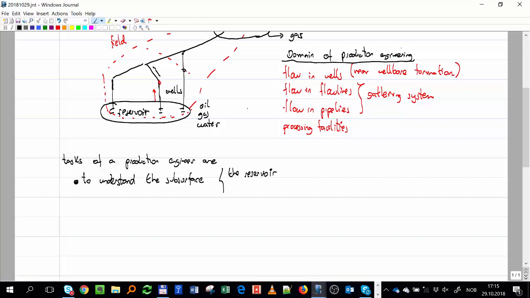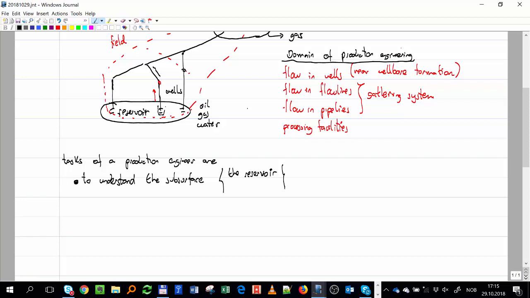Okay, and for that you have to rely on reservoir engineers. But the reservoir engineers are occupied about the whole reservoir. Production engineers are usually very occupied about what happens just a few meters, a few feet from the well.